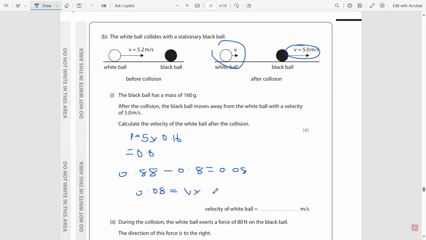So my white ball, 0.08 equals V times its mass, which is 0.17.